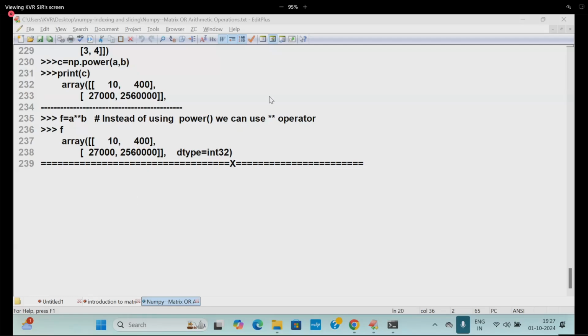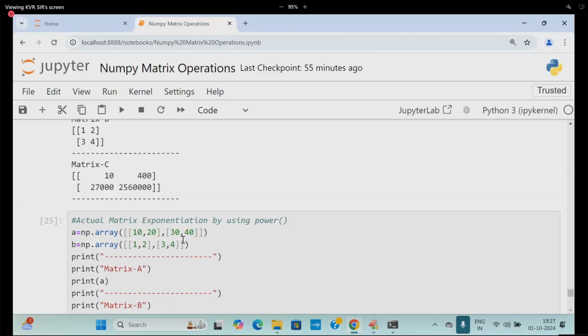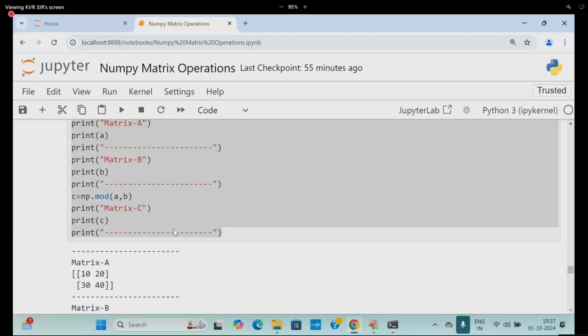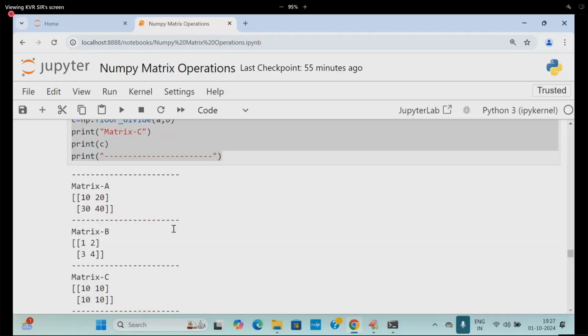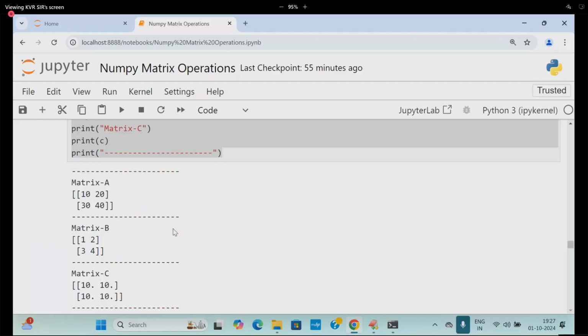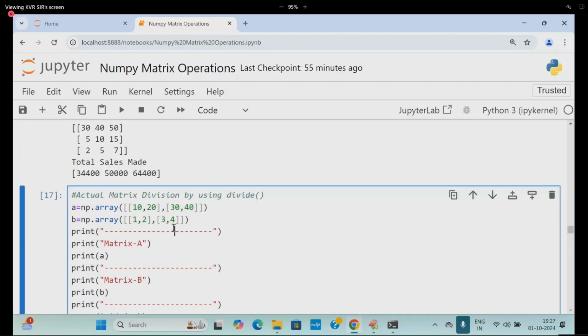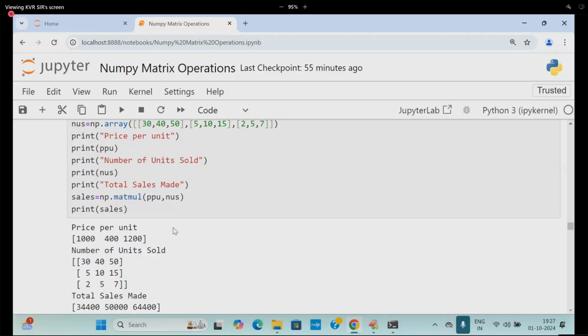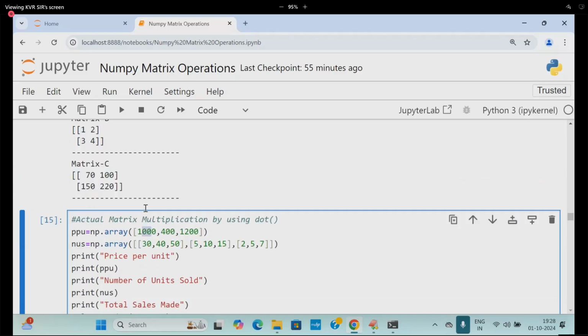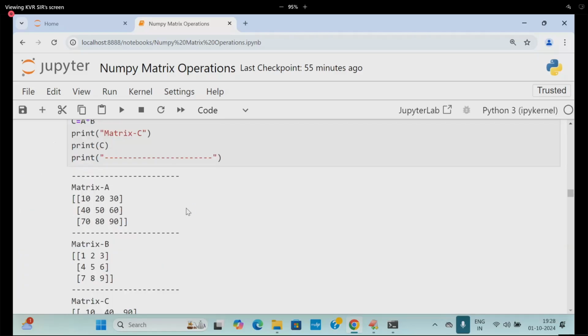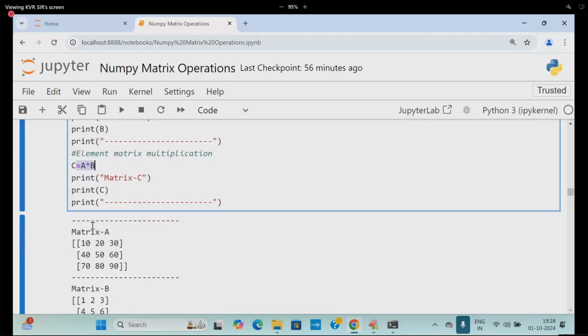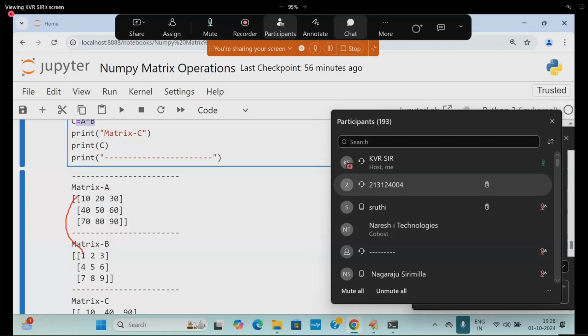I explained very clearly. How can it be the same? Star means element-wise matrix multiplication. I explained that very clearly for a long time. Element-wise matrix multiplication means the first element of the first row of matrix A is multiplied with the first element of the second matrix. Element-wise matrix multiplication should be understood by now. 30 into 3, I already told you here. So here, element-wise A star B, I showed 10 into 1 clearly. 10 into 1, 40 into 4, 70 into 7, 20 into 2, 50 into 5, 80 into 8.